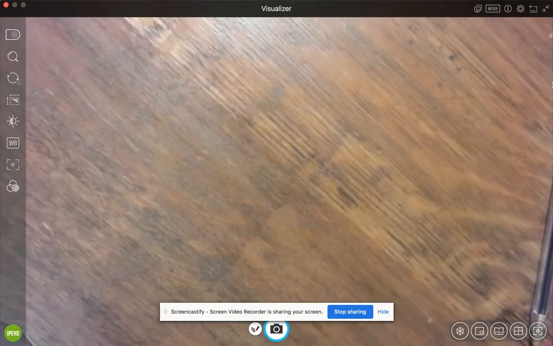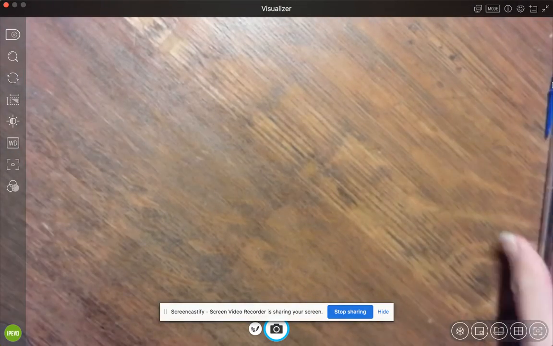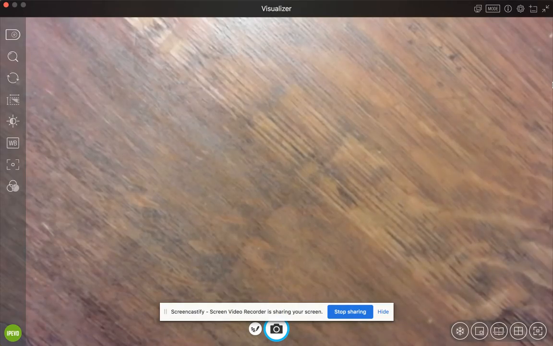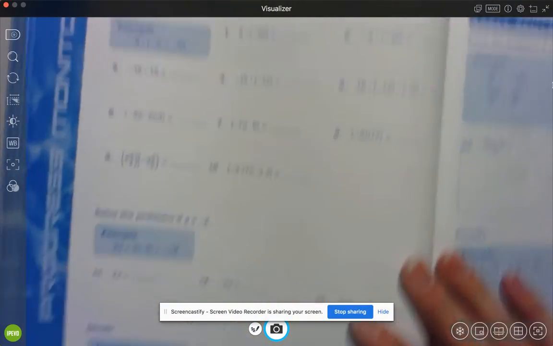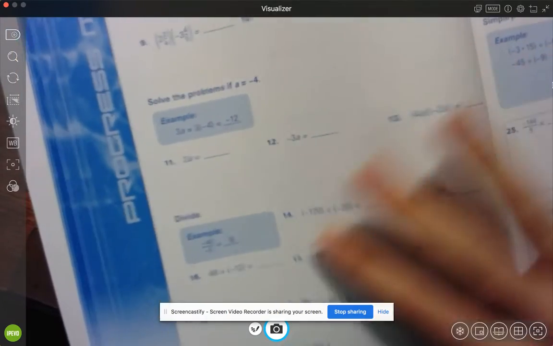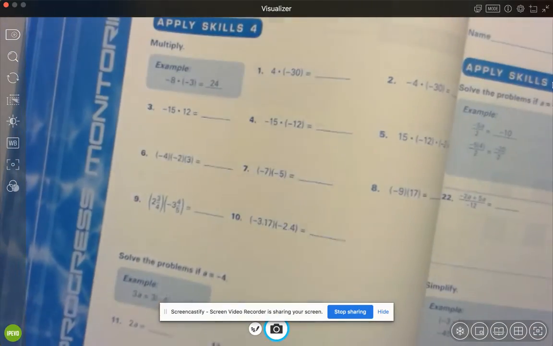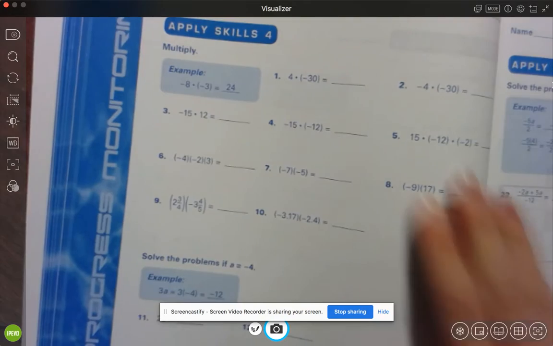So for you guys today, I want you to open your workbooks to page, I think it's, page 58. You guys can't see it on camera, I'm sorry. Right?